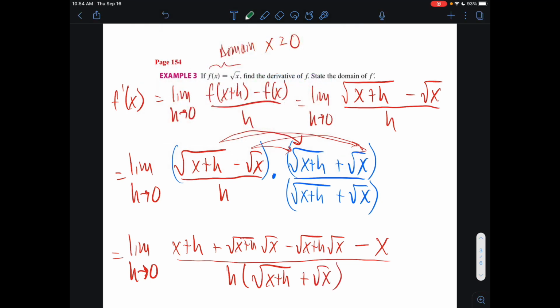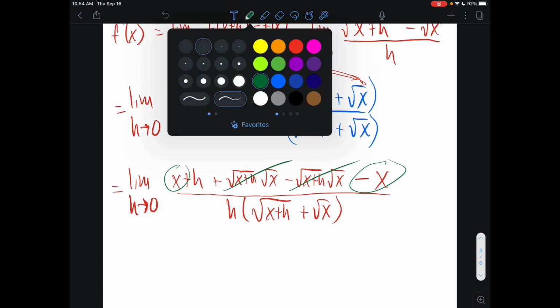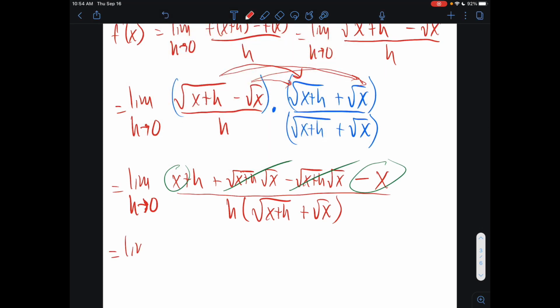The positive product and the negative product add up to 0. And you'll also notice that we have a positive x here and a negative x there. They're also going to add up to 0. So all that I have left in the numerator is that h, which is good because then that will cancel with the h that's in the denominator.